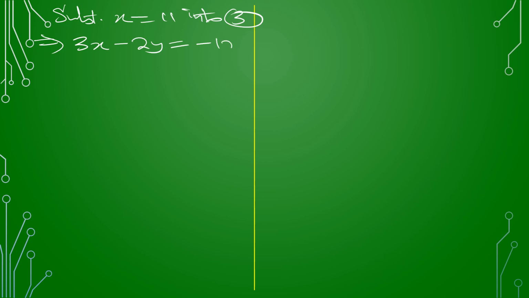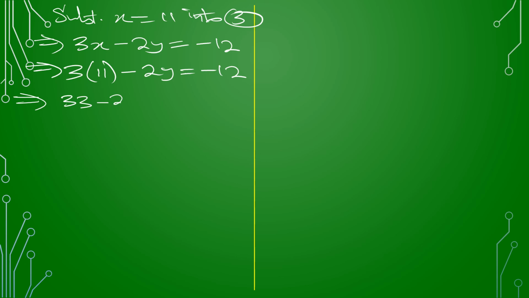So substituting the value of x as equal to 11 into equation 3, we have 3x minus 2y as equal to -12, which is our initial equation 3. So this simply means we have 3 times 11, which is 33, minus 2y as equal to -12.